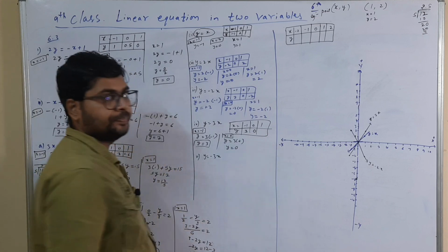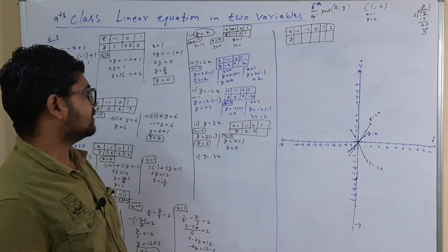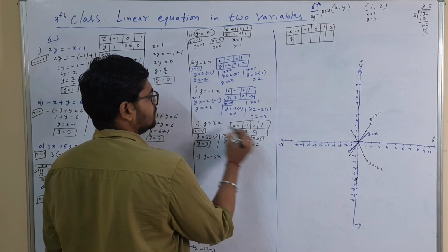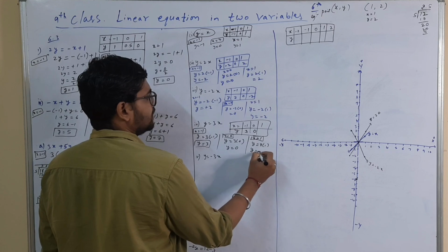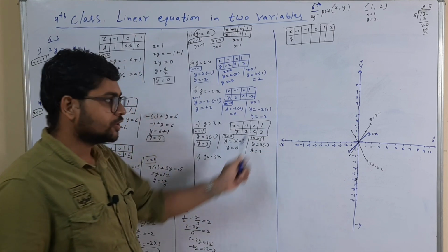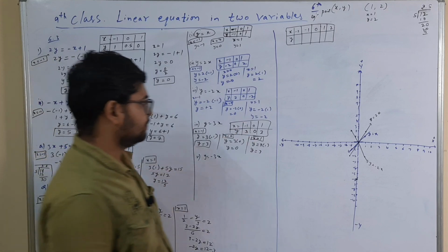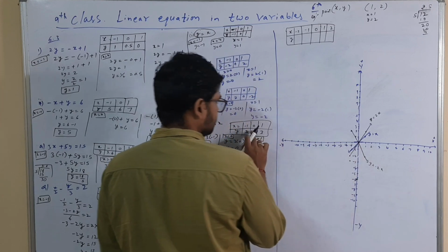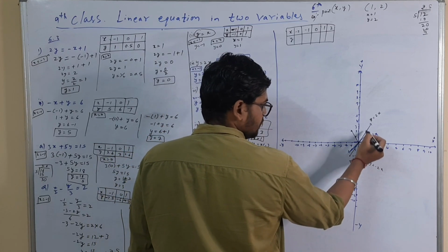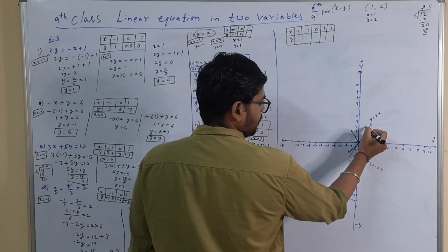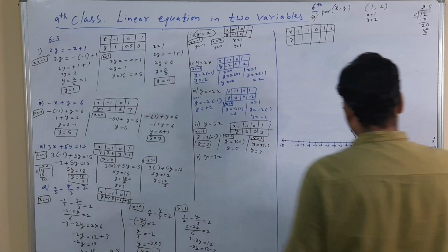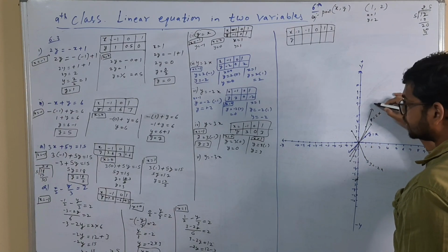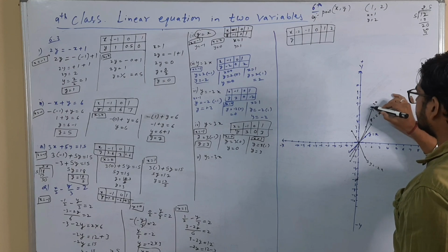Now we substitute x equal to 1, y will be 3 into 1, so y is equal to 3. This one we will also plot here. So -1, -3 is the point, 0, 0 is the second one, 1 and 3, so x is 1, y is 3, this is the point. The line will come like this. So this is y is equal to 3x.